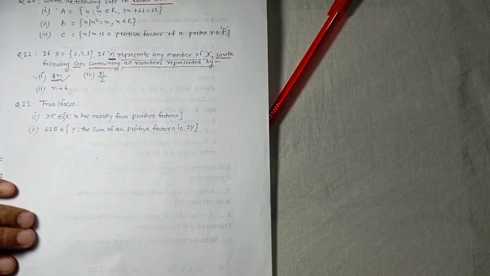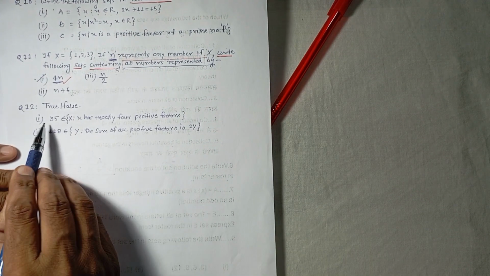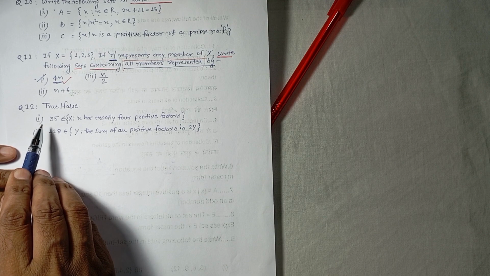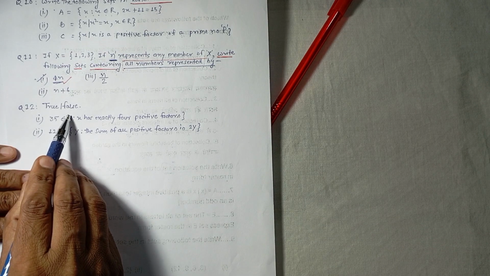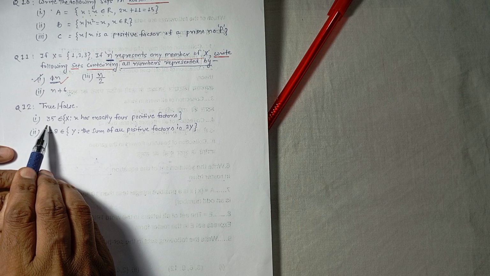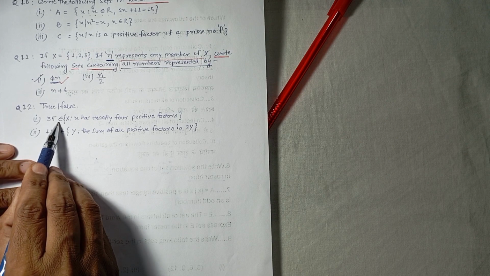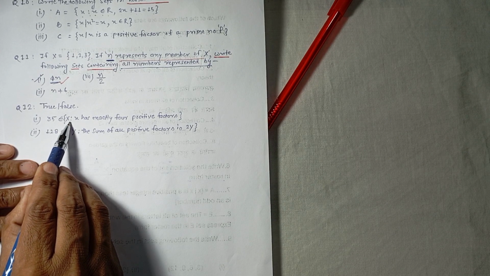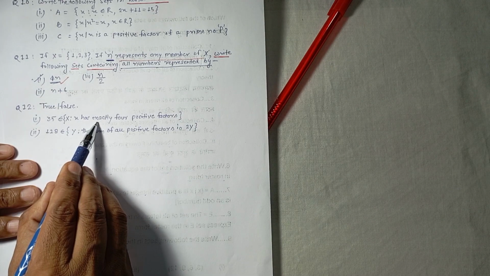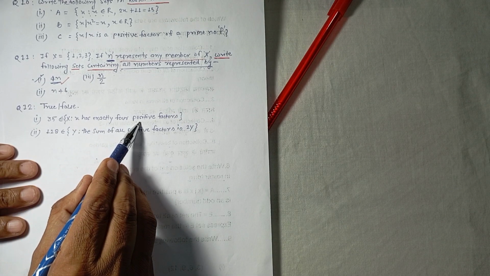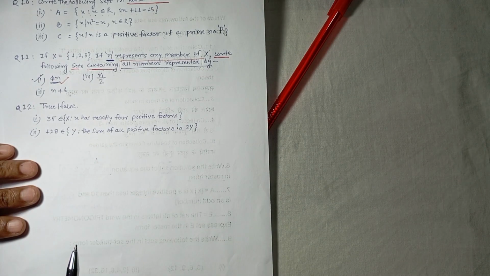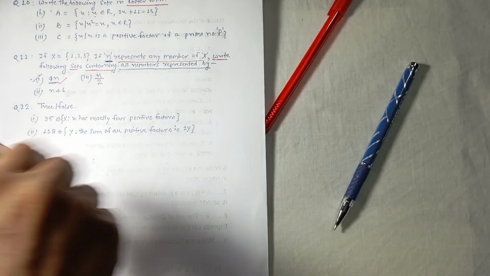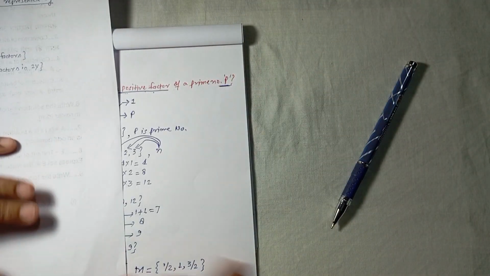Okay. Now example number 12. In this example we have to identify true or false. First, 35 belongs to {x such that x has exactly 4 positive factors}. Okay. Now this is a very important example to understand.